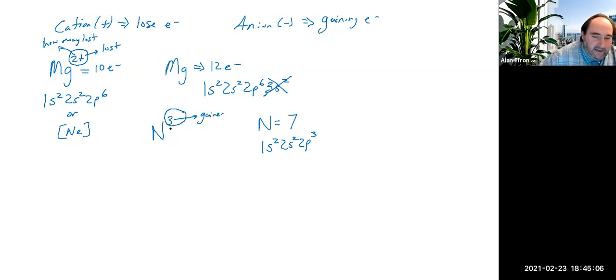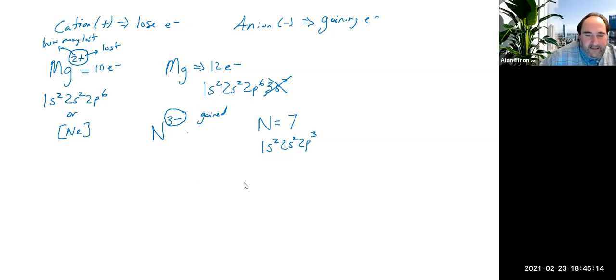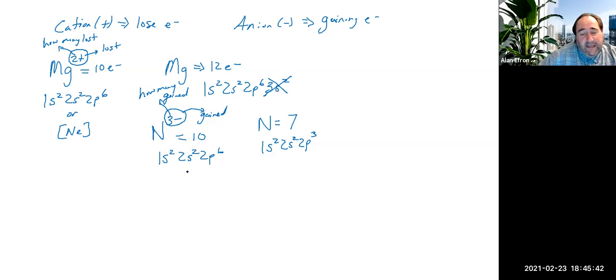So the negative means it has gained electrons, and the 3 means that it has gained 3 electrons. So instead of having 7 electrons, it would have 10 electrons, which means the configuration for nitrogen with a -3 charge is 1s2, 2s2, 2p6. That is, again, also the same configuration as neon.